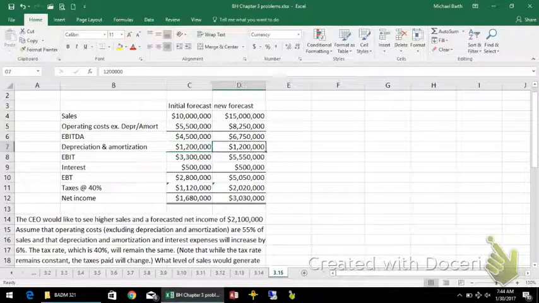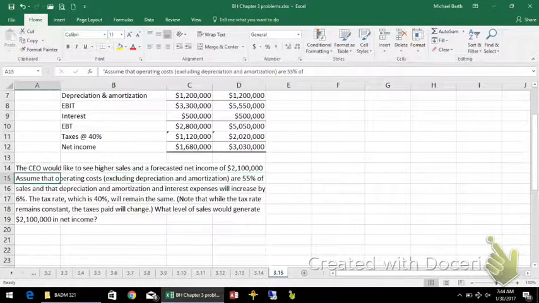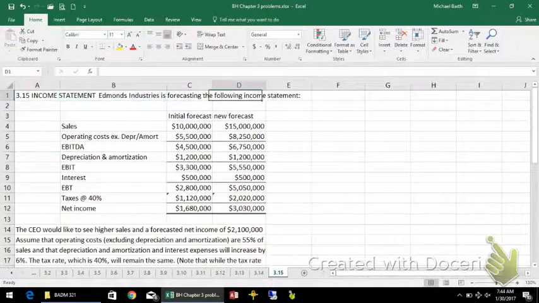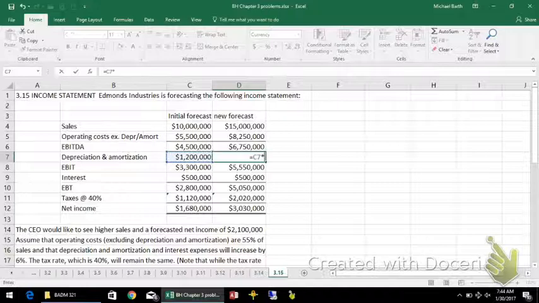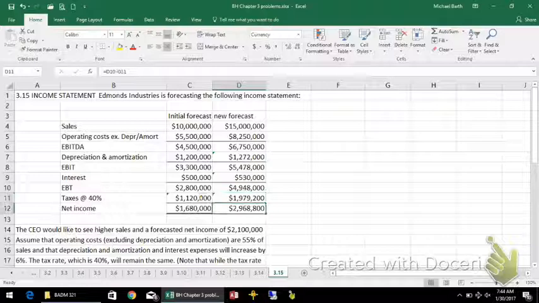Depreciation and amortization and interest expense are expected to increase by 6%, so that times 1.06. Taxes at 40%.